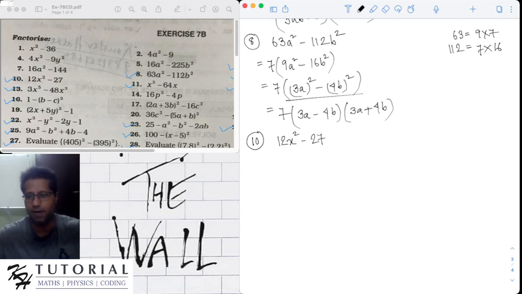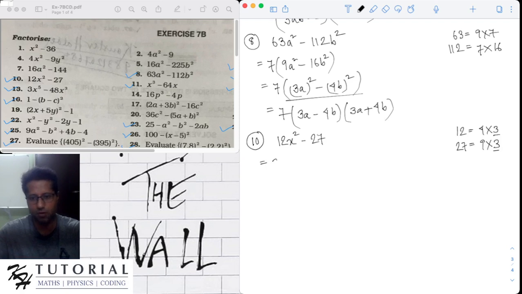So we would like to see how we can take out some common factor so that the two terms are left with coefficients which are perfect squares. 12 is 4 multiplied by 3 and 27 is 9 multiplied by 3. Now if you take 3 common, 12 will be left with 4 and 27 will be left with 9, and they are perfect squares.